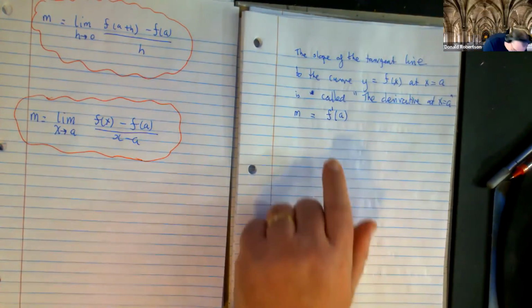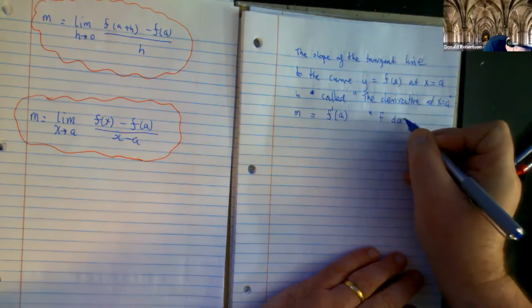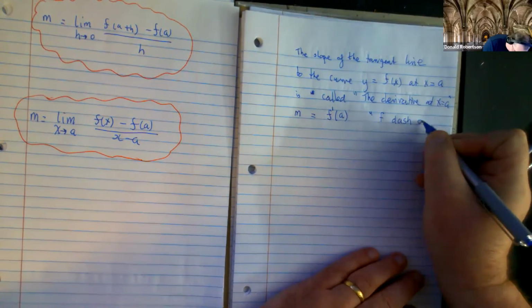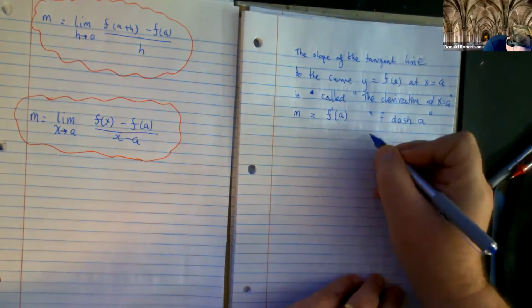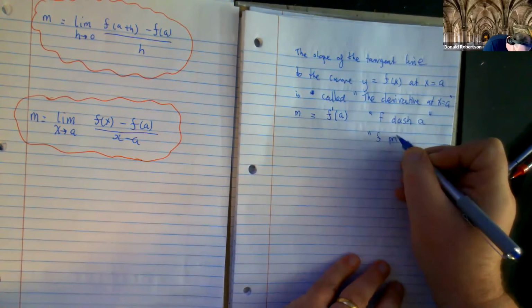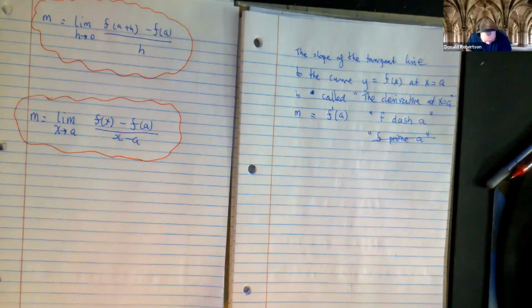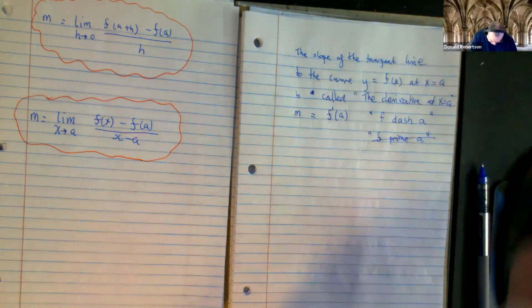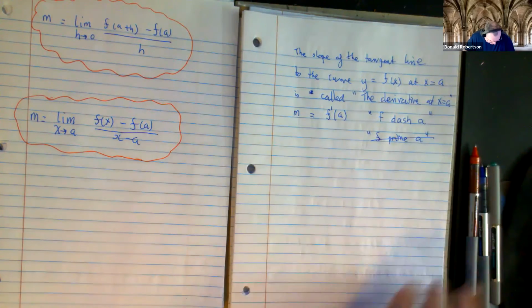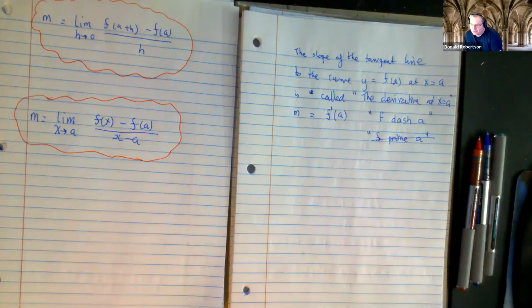You say that out loud, f dash a, or f prime a. I don't like f prime, because we don't call it f prime back home, and I can't remember to call it f prime. So you'll hear me calling it f dash.